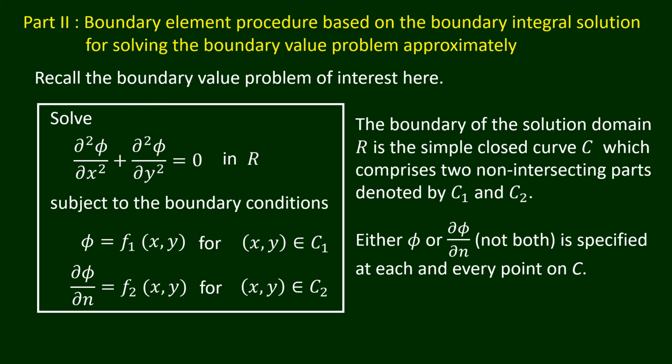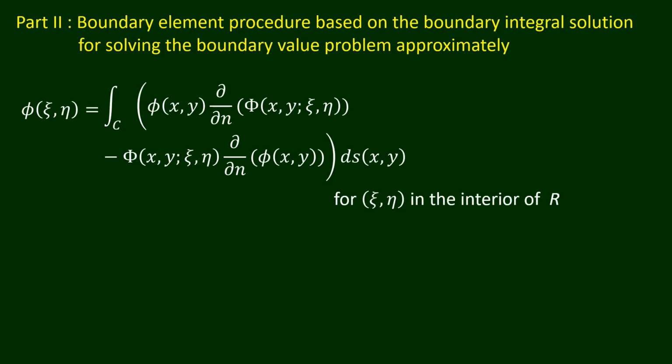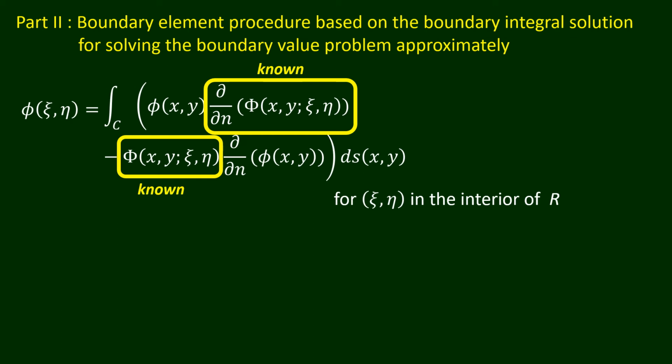We will now show how the boundary integral solution or equation can be used to derive a boundary element method for solving this boundary value problem approximately. Let us look at the boundary integral equation for the point xi eta in the interior of the solution domain R. The fundamental solution capital Phi, and its normal derivative del capital Phi over del n, are known functions.